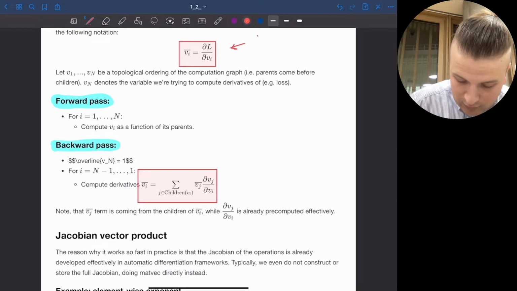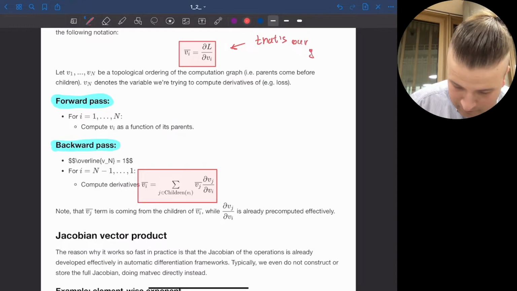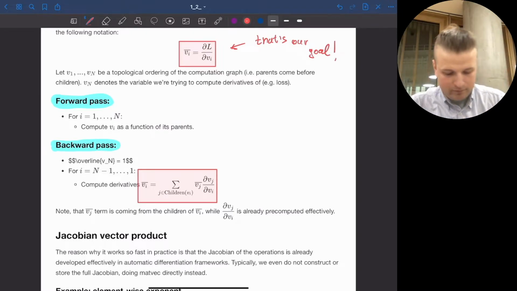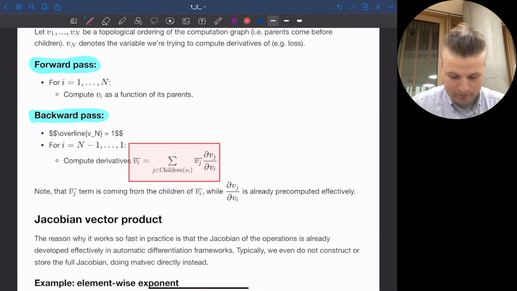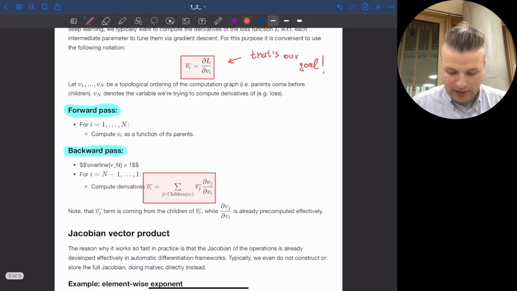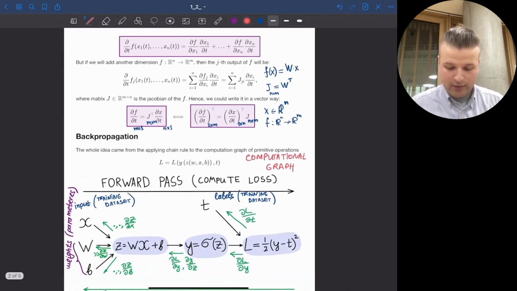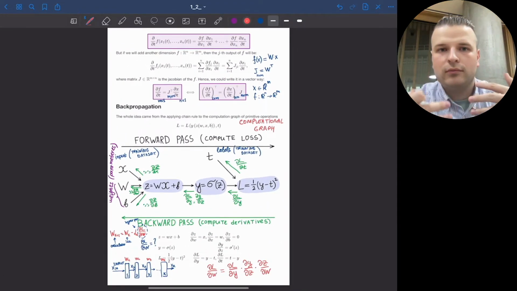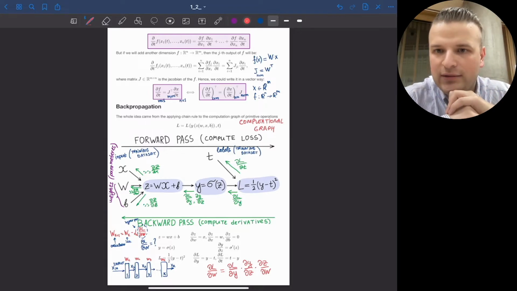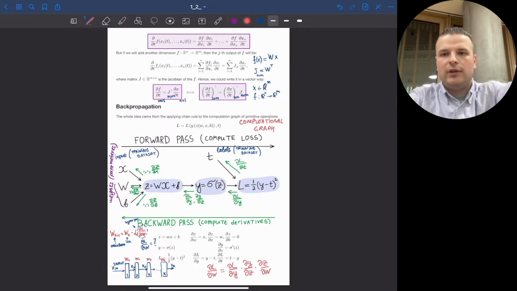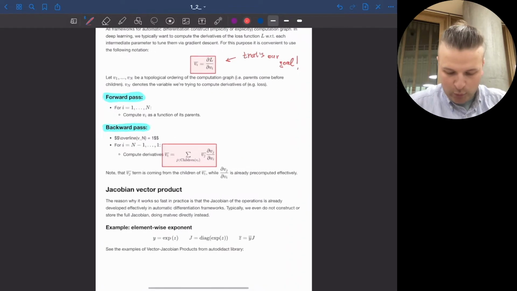So that's our goal. And actually, again, to find all the derivatives, suppose, what do we have here?